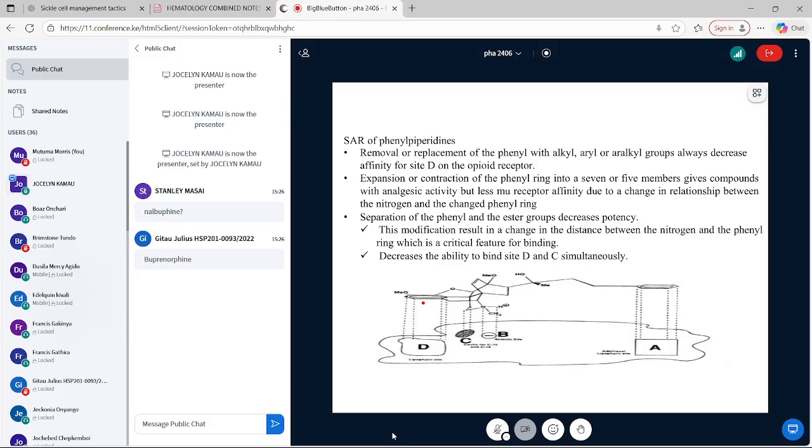Then you can see this second area here, and this usually is for ring B and C. We are looking at these four compounds. This is ring E. I believe this is ring B. This is ring C, and this is ring E here.